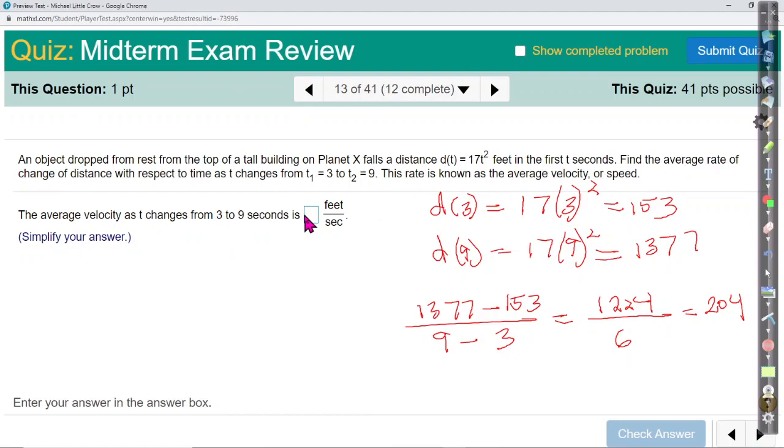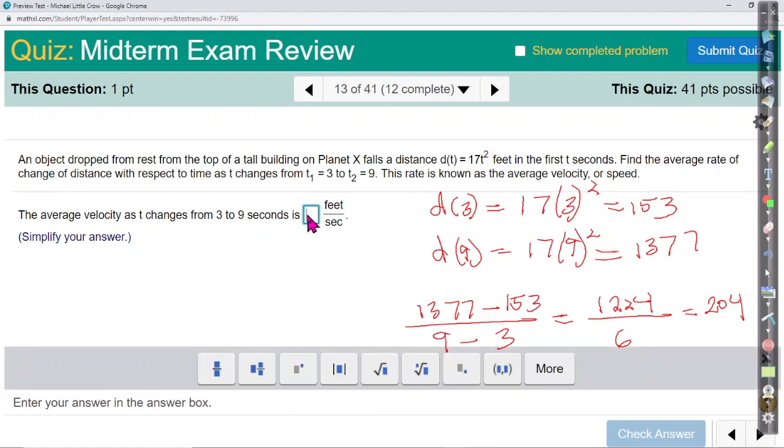And it's all positive, so this is a starting drop from rest. The average velocity usually has rate of change. The distance in feet, so that's how much it's falling.